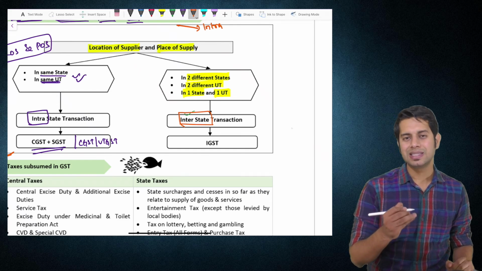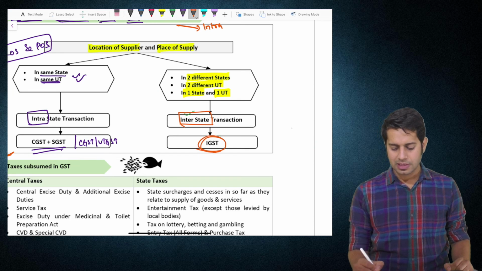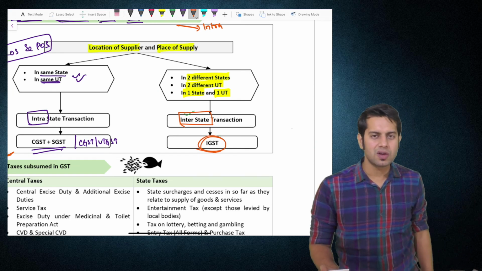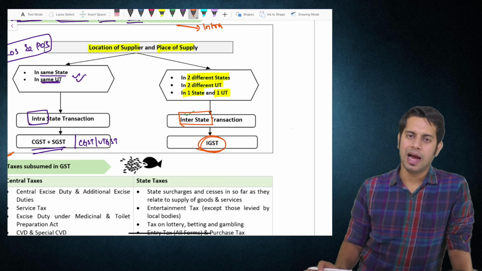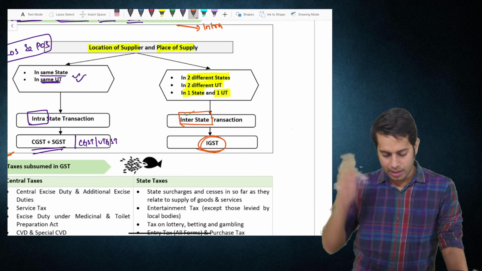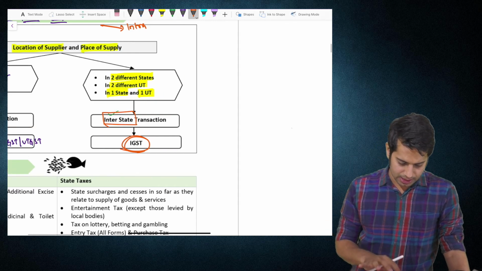And if the nature of the supply is interstate supply, I will levy something called IGST.